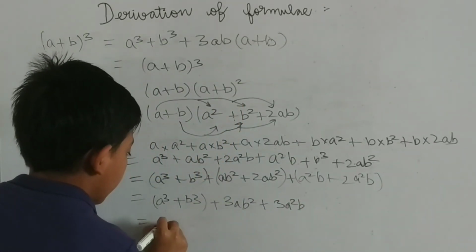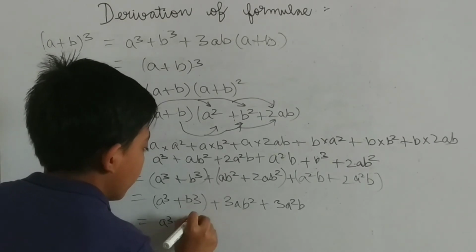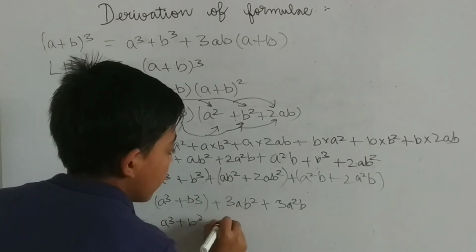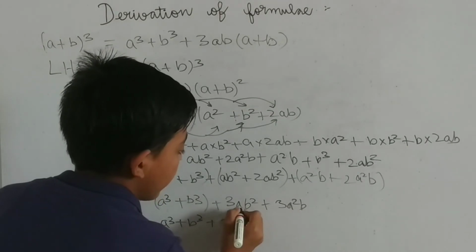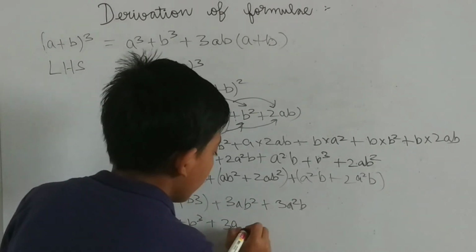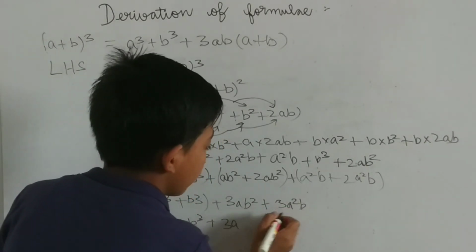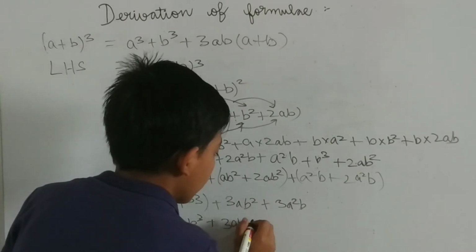Now a³ + b³ plus here 3 common, then a² and a, in a the power of a is small, and in b² and b also the power of b is small.